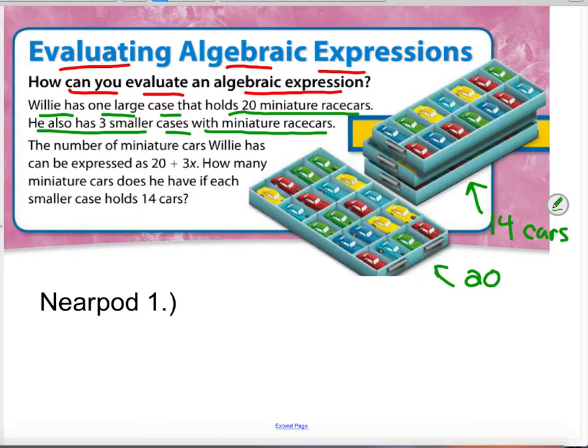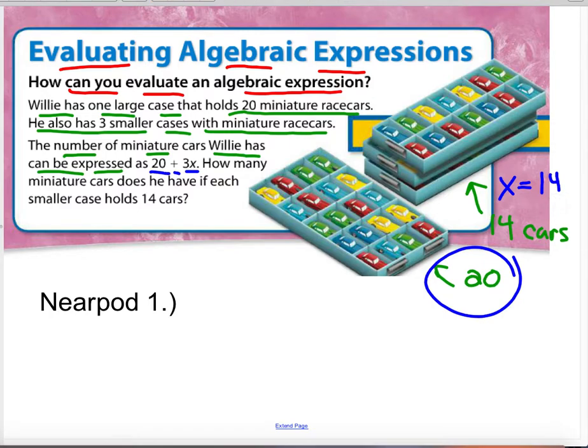The number of miniature cars Willie has can be expressed as 20 plus 3 times x. And the x in this case would be the value of the smaller cases, which is 14 cars. And then they ask, how many miniature cars does he have if each smaller case holds 14 cars? Which we have concluded.